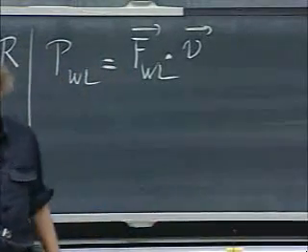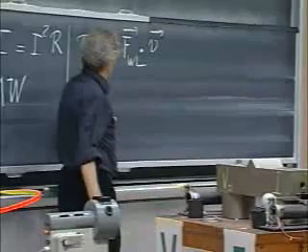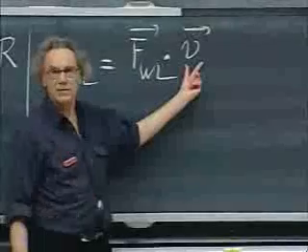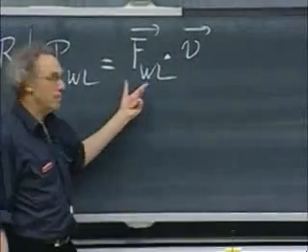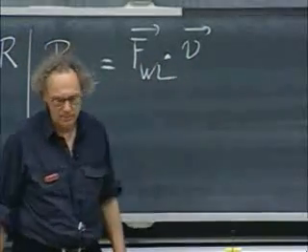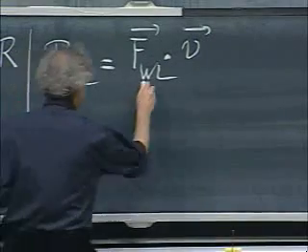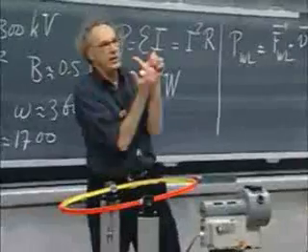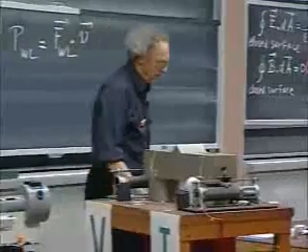Remember from 801, the work that I do is force over a little element dx. But power is work per unit time, so the dx dt becomes velocity. And my force and my velocity are always in the same direction. When I push, they're in this direction, and when I pull, they're in this direction. So I always do positive work.